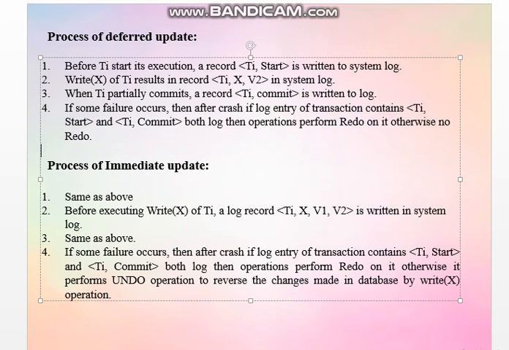So the effect which is present in the local memory has to be permanently saved into the storage area where the database is actually stored. At that time we will be performing the redo operation. But if we find only the entry Ti start but not Ti commit, then we need not do anything in the deferred update recovery method.